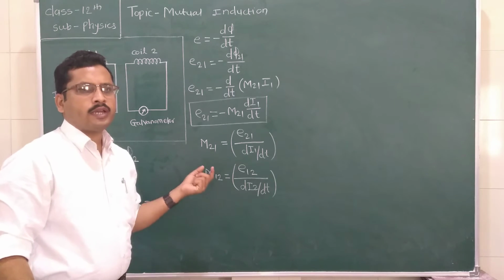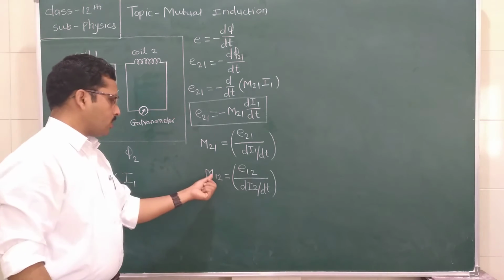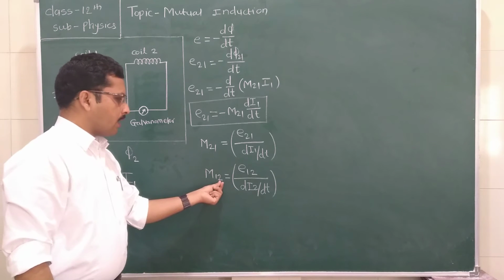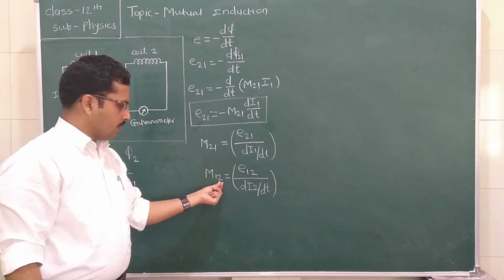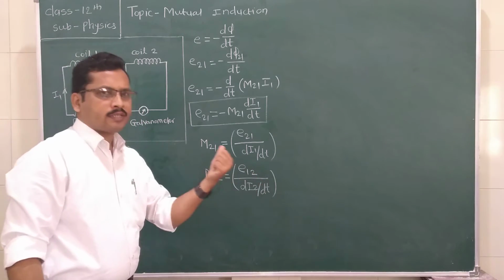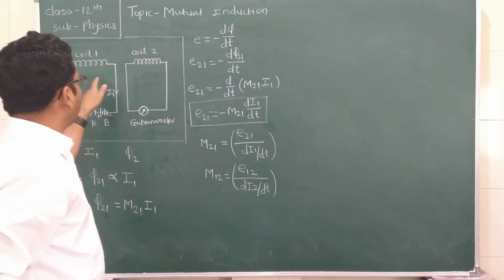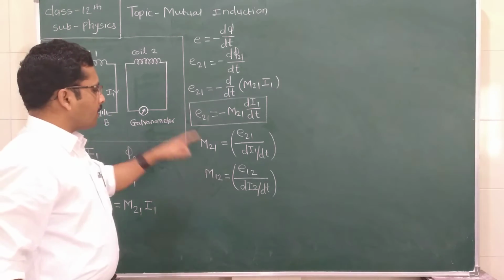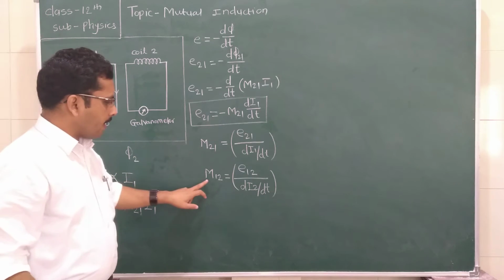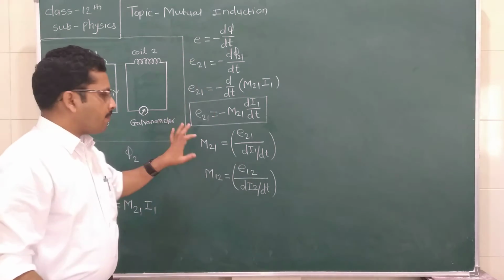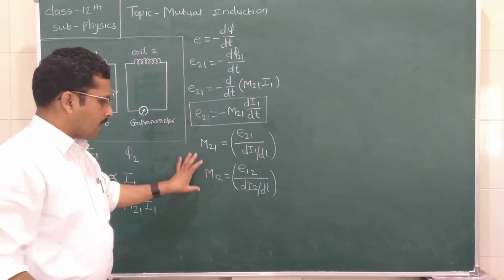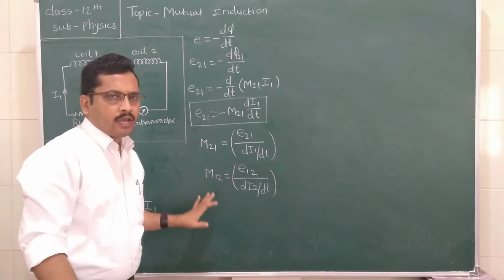This M12 is nothing but the mutual induction produced in the first coil due to the current passing through the second coil. And this is equal to E12, the induced EMF in the first coil due to the current I2 passing through the second coil. By symmetry, we can say that the values of M21 and M12 are the same.